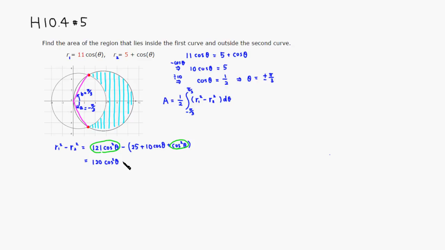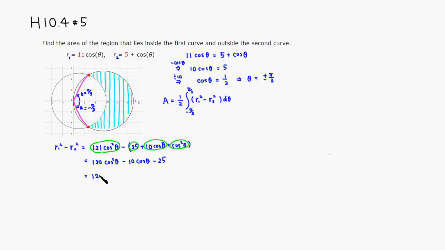Then we have a minus 10 cosine of theta, so that will take care of this. And then you have a minus 25, so that's just a number.